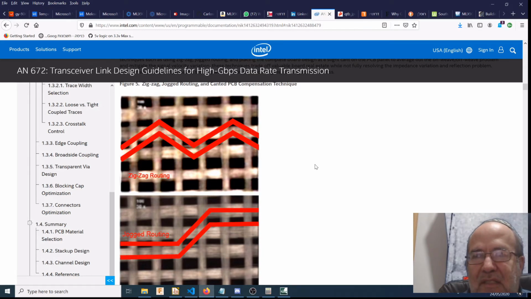Here he is going into an example and he's showing why zigzag routing might be better. For example, this top trace is going to have a different impedance to the bottom trace.